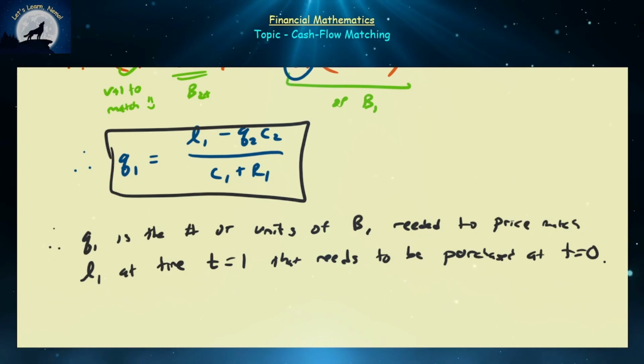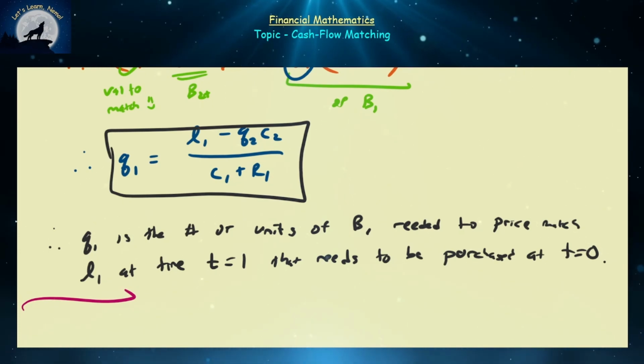Obviously, you can buy more to get a little bit more profit, but that is the minimum number of shares that you need to make. So that gives us equations for Q2 and also for Q1, so we actually know how much of each of these bonds that we need to buy.